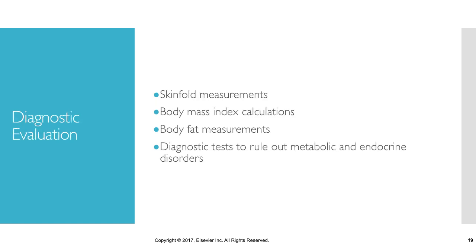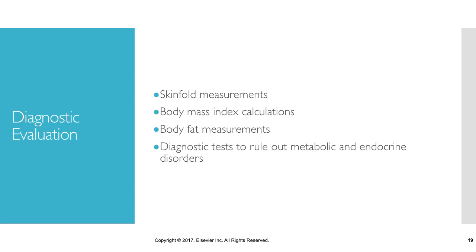When we look at diagnostic evaluation, we'll be looking at doing skin fold measurements, body mass index calculations, body fat measurements, and other diagnostic tests to rule out metabolic and endocrine disorders.